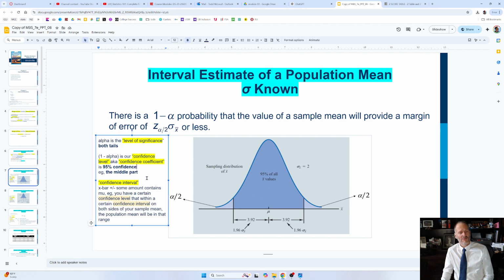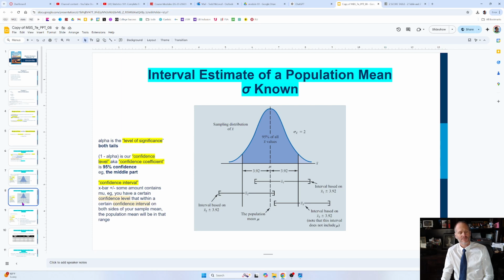We have 95% confidence. And then the confidence interval is the mean plus or minus some amount, and we're saying that this interval will contain mu, the population parameter, the population mean. E.g., you have a certain confidence level that within a certain confidence interval on both sides of your sample mean, the population mean will be in that range.